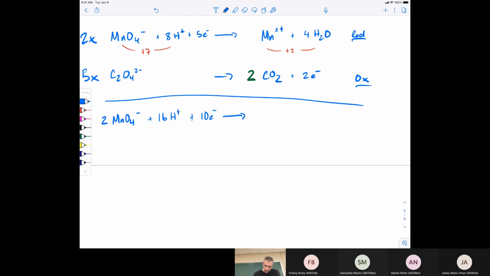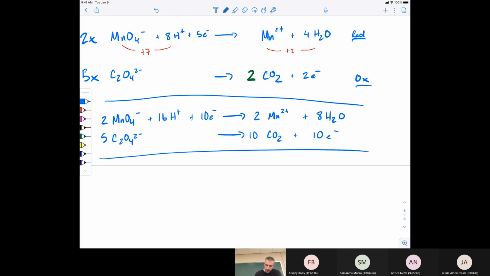This becomes times 2, 2 Mn2 plus 8 H2O. Next, we have 5 times, so we have 5 C2O4 2 minus goes to 10 CO2s plus 10 electrons. Now we're ready to add these together. What we can do is cancel the 10 electrons now.